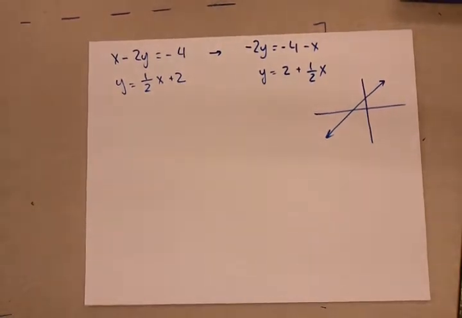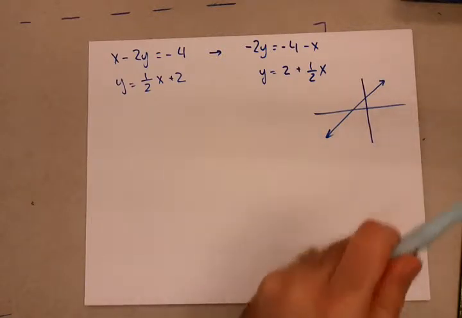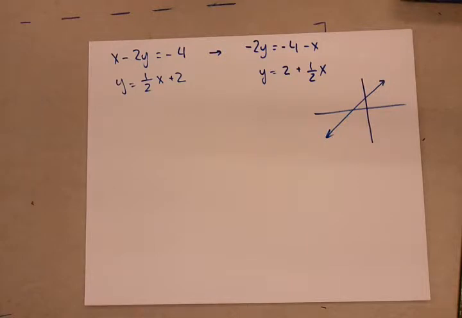Because it's the same line, they're going to be lying right on top of each other. There's no variance, which means they'll touch at every single point, and every time they touch, it's a solution. Because they're touching at every single point, and it's an open-ended graph, there are infinite solutions to this particular system.